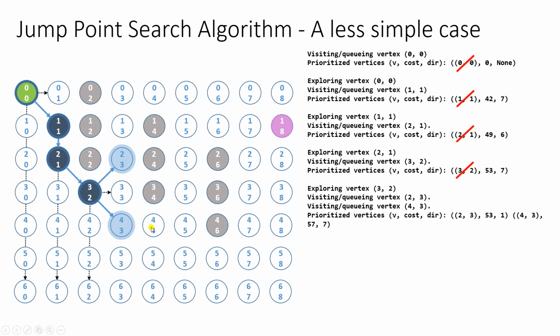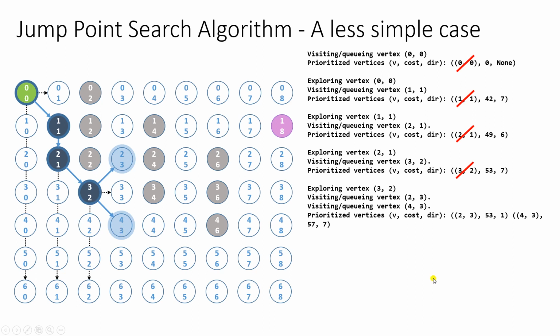It will be our next jump point. But since we didn't come to it yet, we will recognize that it will come from vertex 4, 3. So we are marking vertex 4, 3 to be our current jump point. Okay, let's see what happens next.